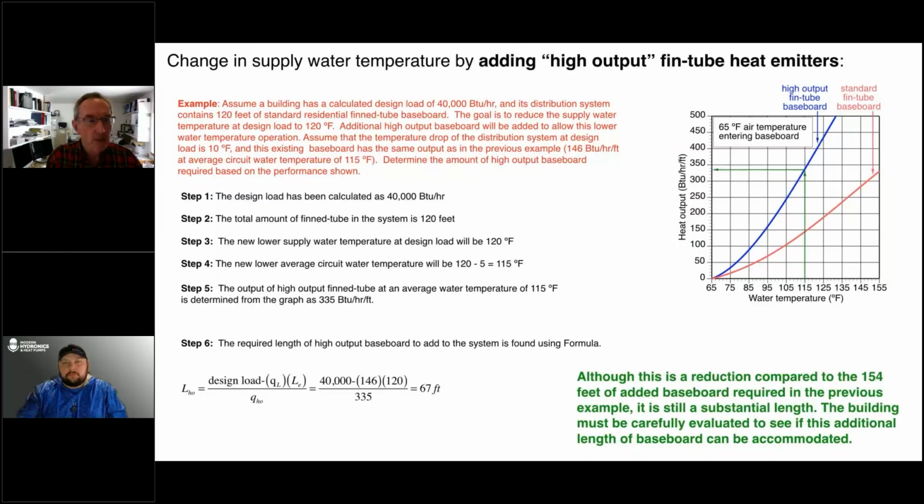But the key thing with fin tube is wall length. Where am I going to put this? Especially in kitchens, bathrooms, where you often have cabinets that take up a good portion of that wall space. So anyway, those are tools that you can use if you're considering how do I add fin tube, be it standard or the high output, to bring that water temperature down.